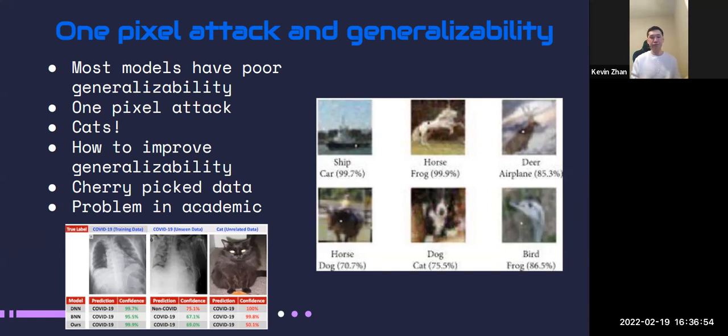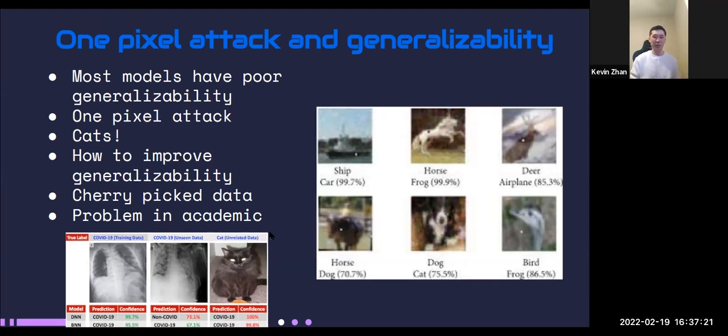So another example is cats. In this paper, they basically looked at someone else's COVID prediction from medical imaging, and they found that if you put an image of a cat here, it predicts it as having 100% COVID, right? With 100% confidence, and that's not COVID.